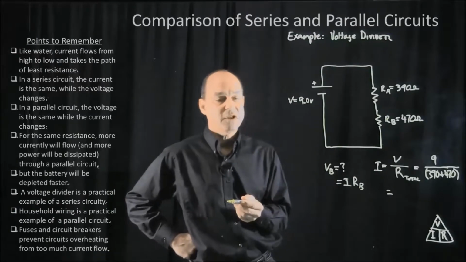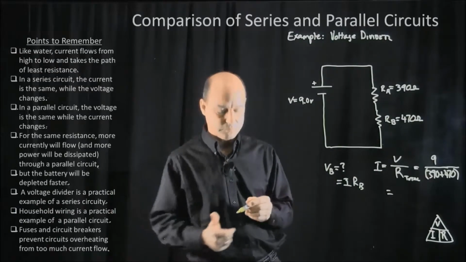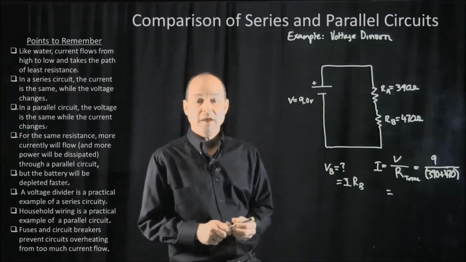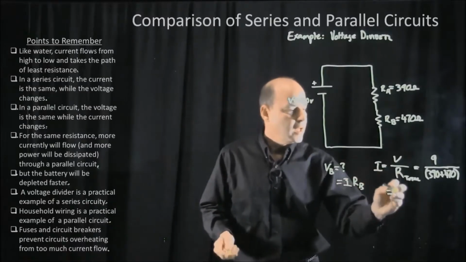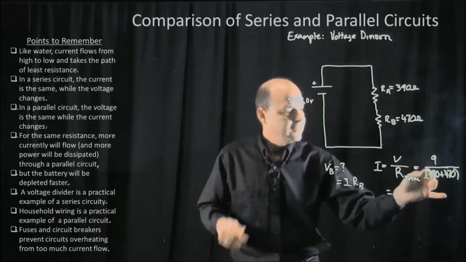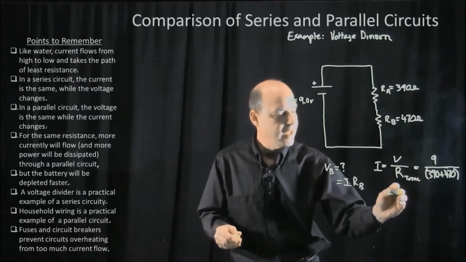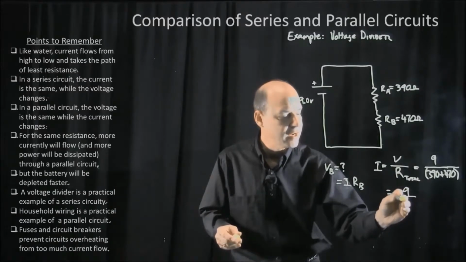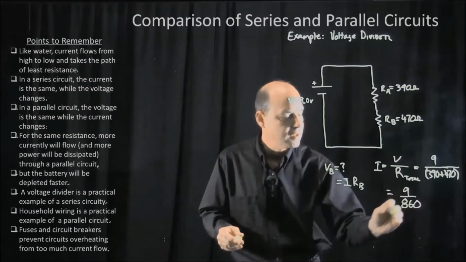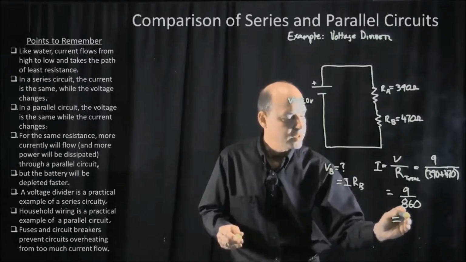Why don't you pause the video and see if you get the same answer that I do. Okay, what'd you get? First of all, let's add 390 and 470, and we get 860. So that's 9 divided by 860, and that's going to equal 0.01.